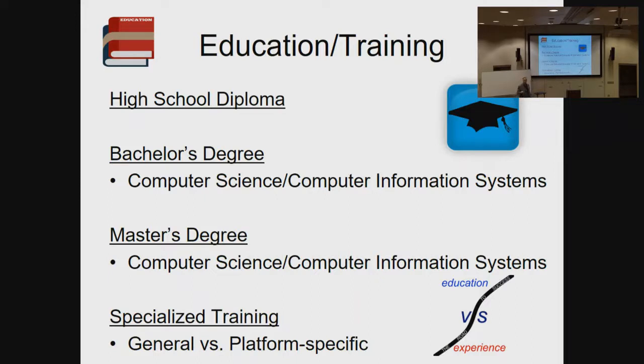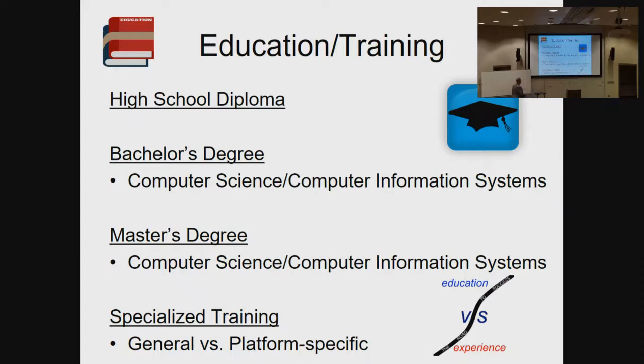That's typically what's needed to get your foot in the door for those careers where you're expected to progress once you're past an entry-level position. A master's degree might be required for some. Again, you might get that in computer science, you might get it in computer information systems, you might get it in a specific program that's highly focused on software engineering or computer engineering.